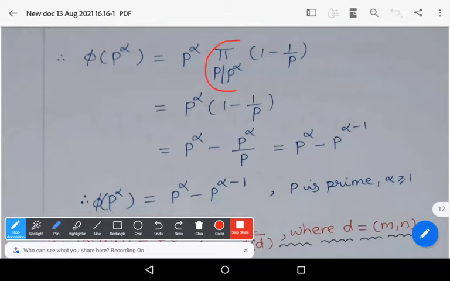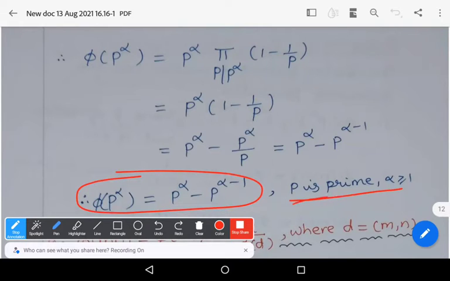P^α into 1 gives p^α. P^α into minus 1 by p gives minus p^α by p. Simply you get p^α minus p^(α-1). Therefore, φ of p^α is equal to p^α minus p^(α-1), where p is a prime number and α is greater than or equal to 1.